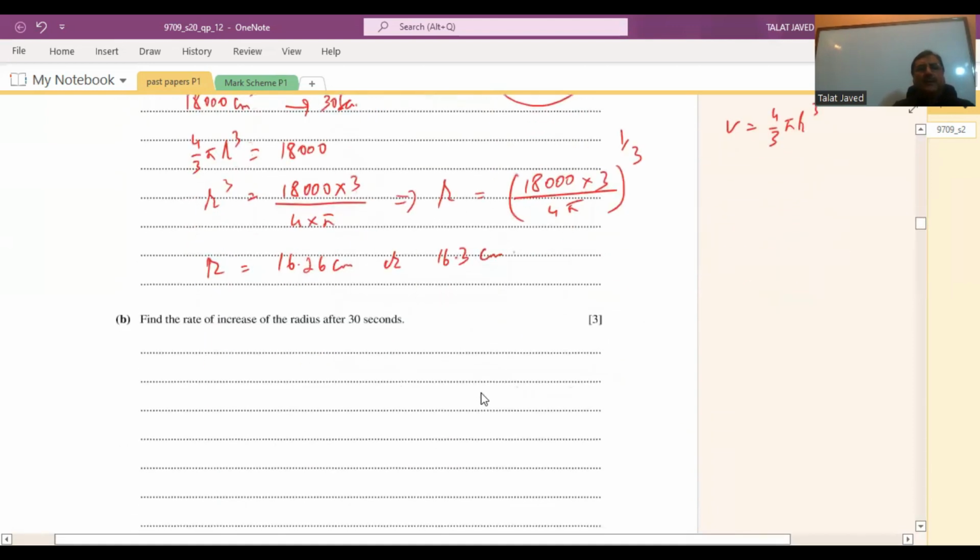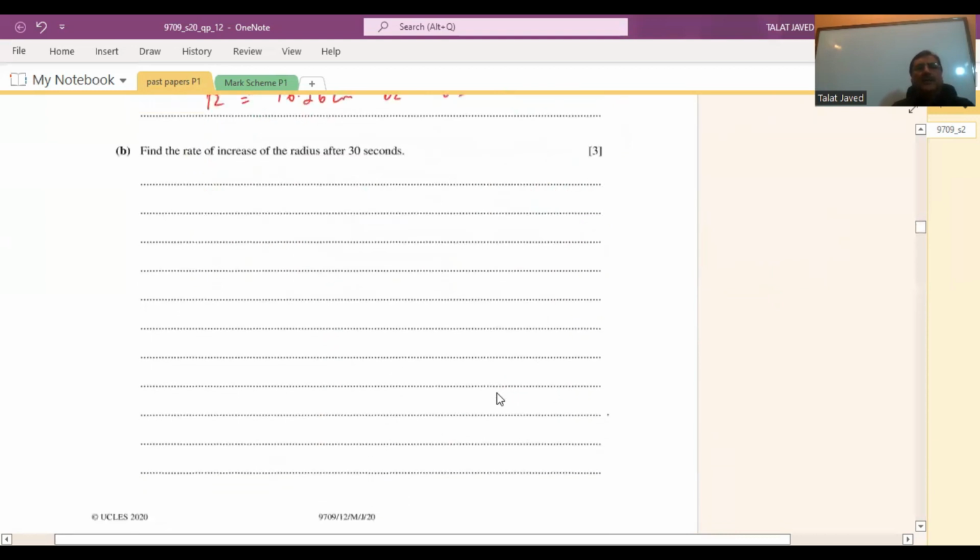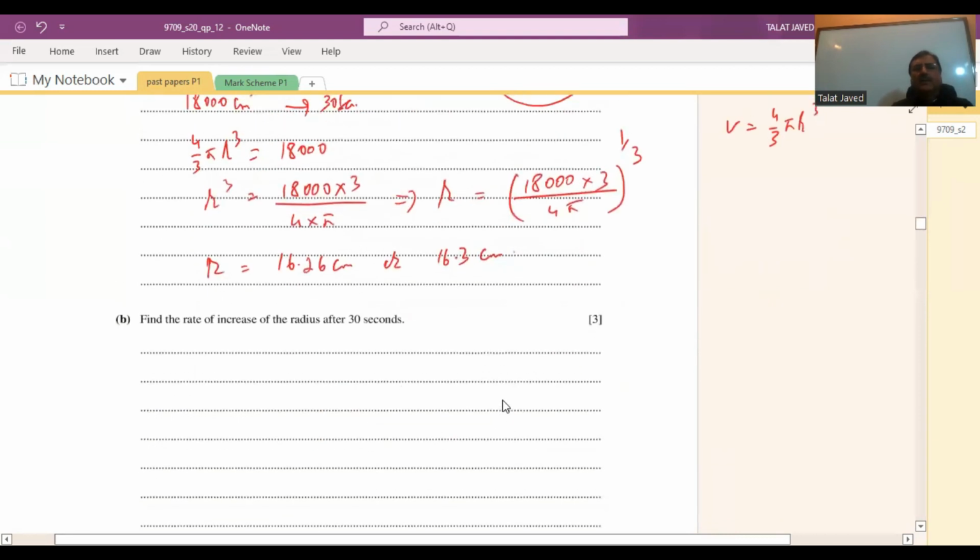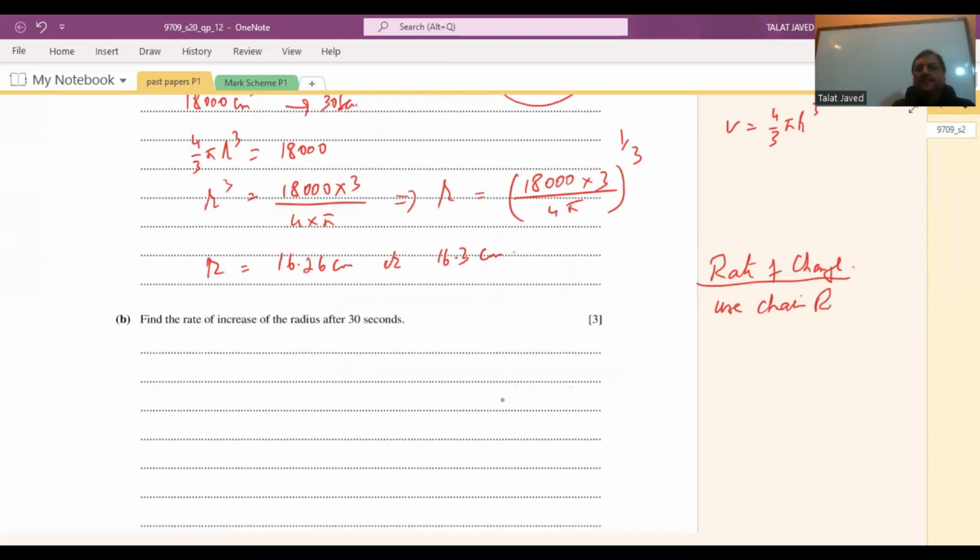Now find the rate of increase of radius after 30 seconds. For rate of change, we use the chain rule.